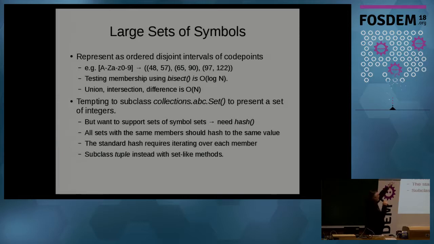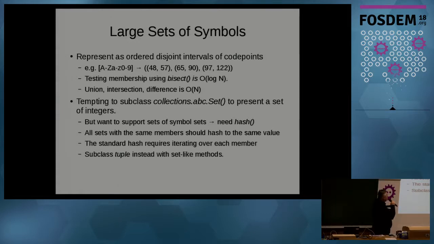So in the case here, A to Z and 0 to 9, you can just represent their code points as a tuple of tuples. This is cool because now you can test for membership using bisect, which is in the standard Python library, and that's order log n. And union, intersection, and difference can be implemented as order n algorithms, which is cool.